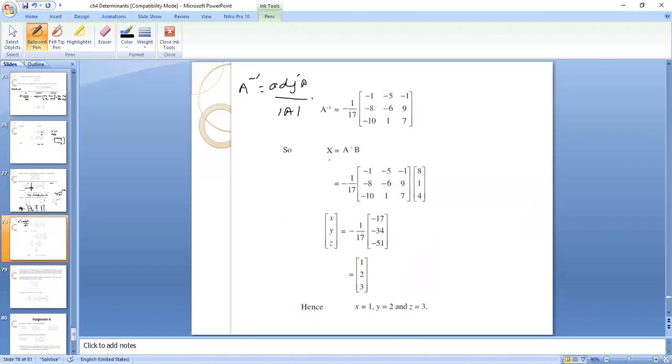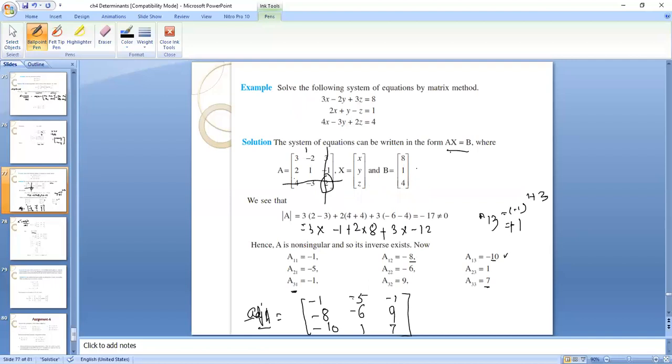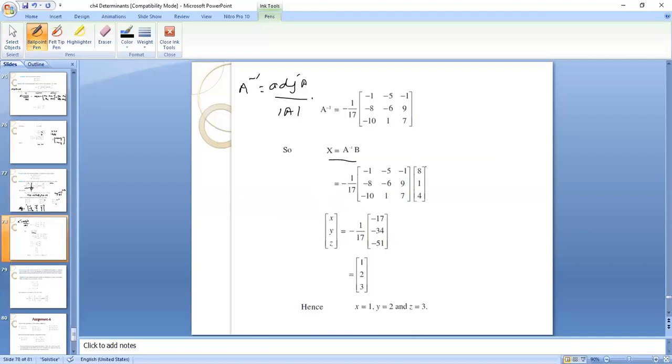Now you have to find X. X is what? A inverse into B. So you have written A inverse. You will multiply it with the matrix B, which is 8, 1, 4. So we have written the matrix. Now you have to multiply first row, first column.